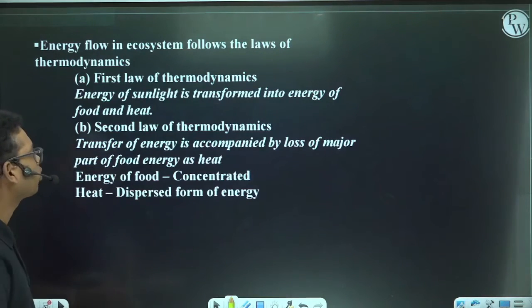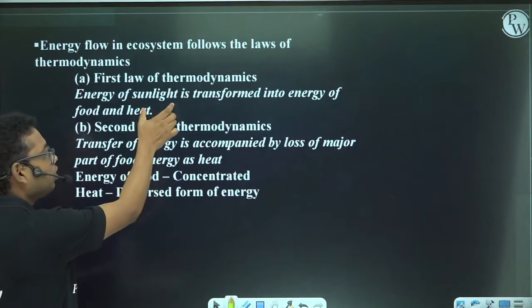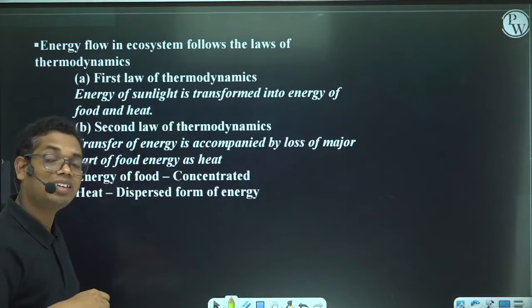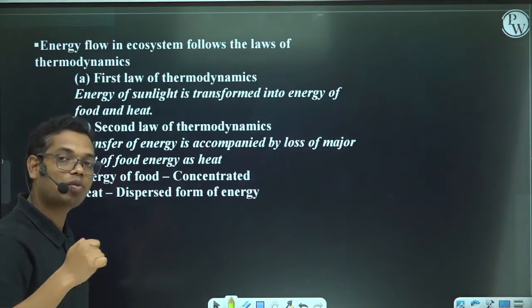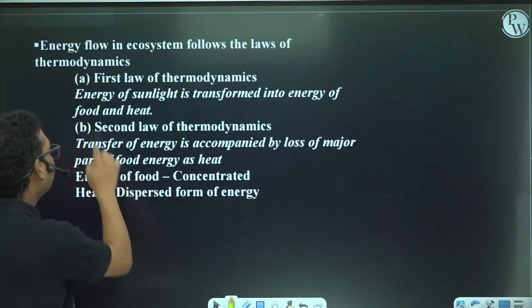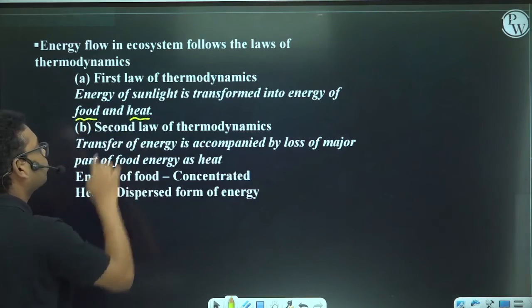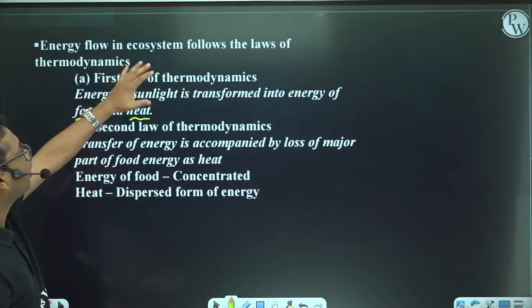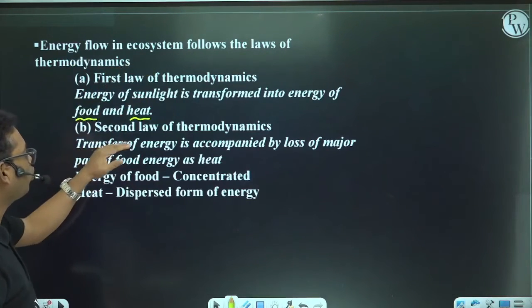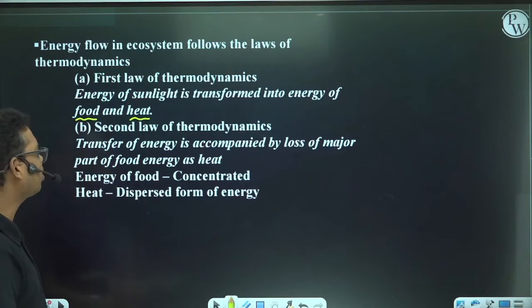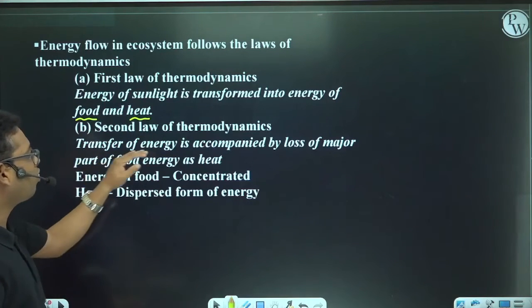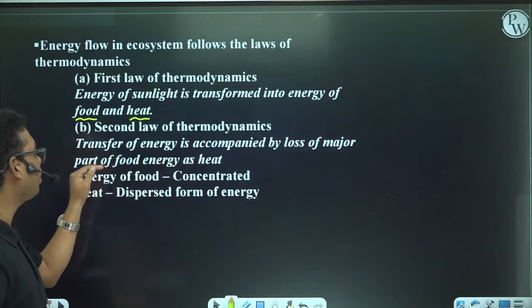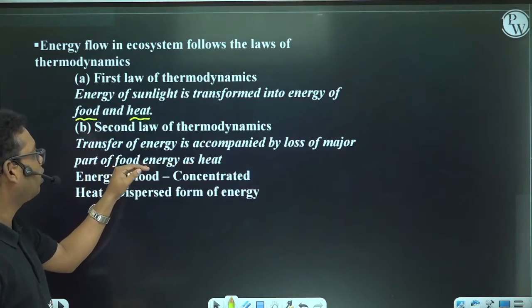In the same way, the light energy is not lost. It is converted into another form of energy. Which form? In the form of food, in the form of heat. This flow of energy across the ecosystem also follows the second law of thermodynamics. And what does the second law say? The transfer of energy is accompanied by loss of a major part of food energy as heat.